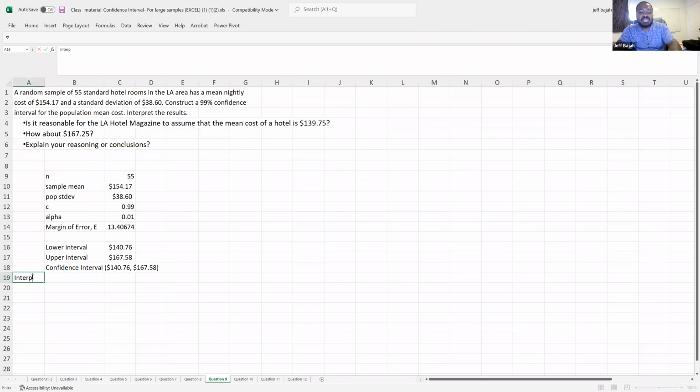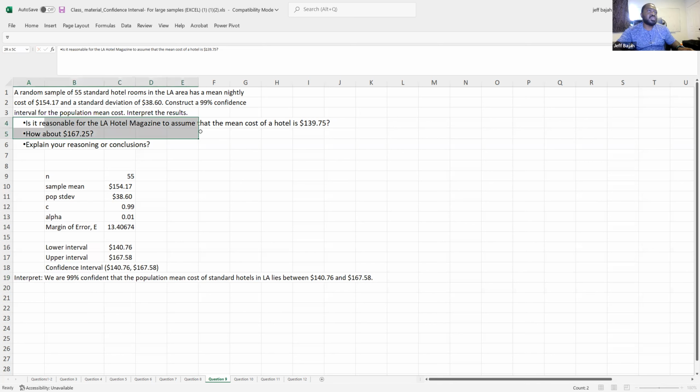So we can interpret the results and say, okay, we are 99% confident that the population mean cost of standard hotels in LA lies between $140 and 76 cents and $167 and 58 cents. Well, that's just the first part.